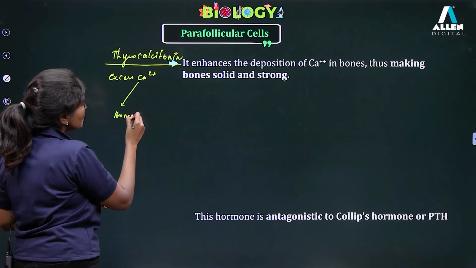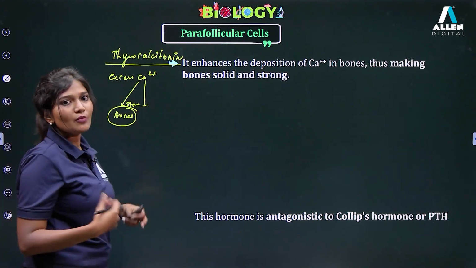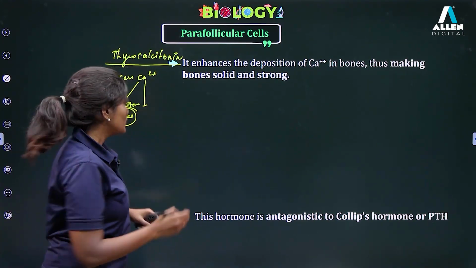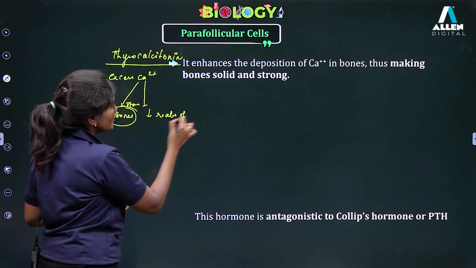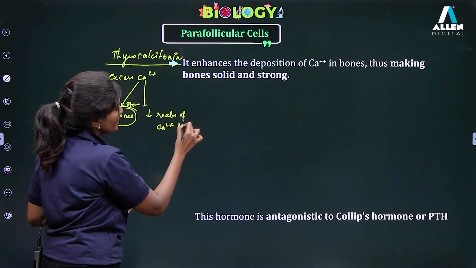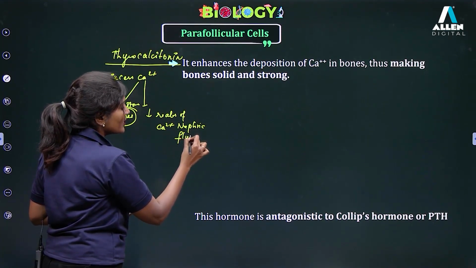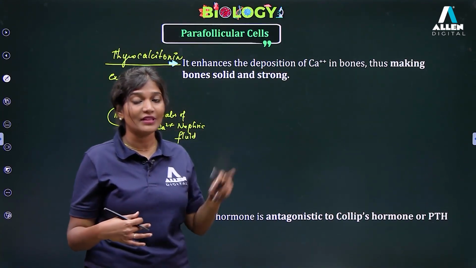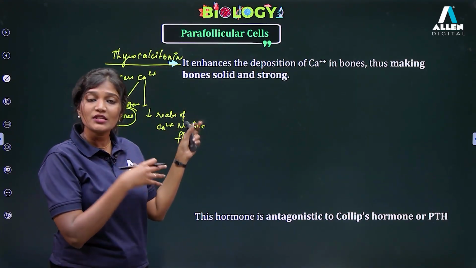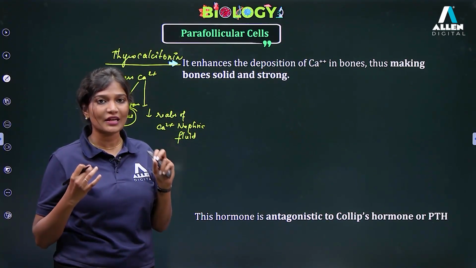We don't want any more excess calcium in our blood, so it decreases the reabsorption of calcium from the nephric fluid. If the calcium level increases above normal, we have to reduce it. That's the role of this hormone. So it stores calcium in the bones, or reduces the reabsorption of calcium from the nephric fluid.